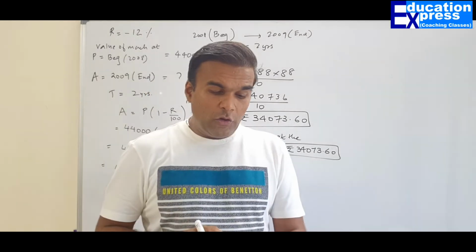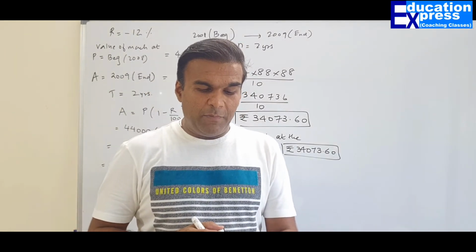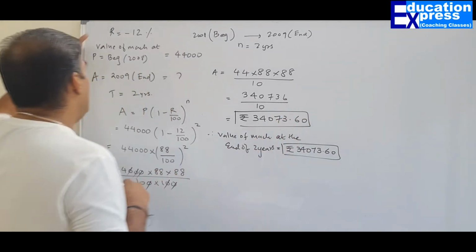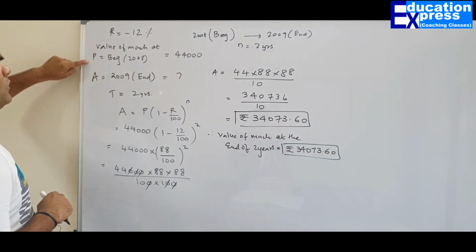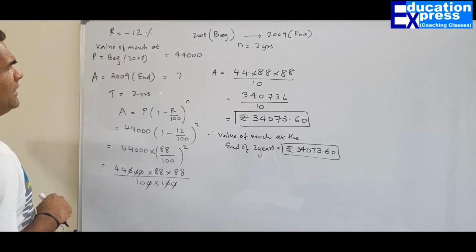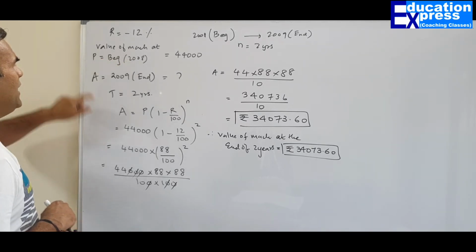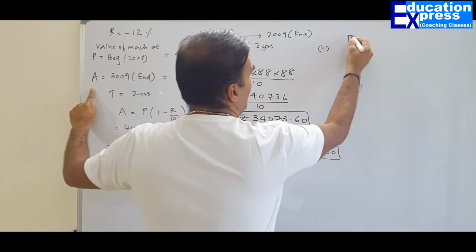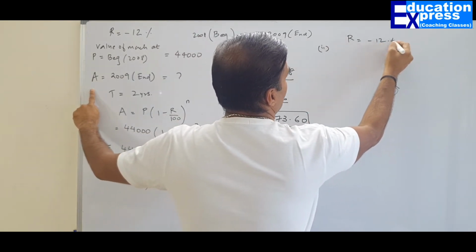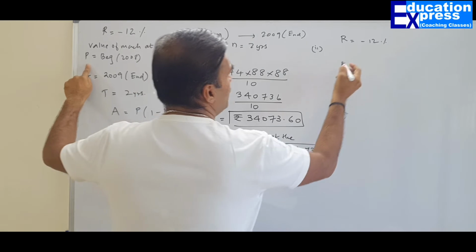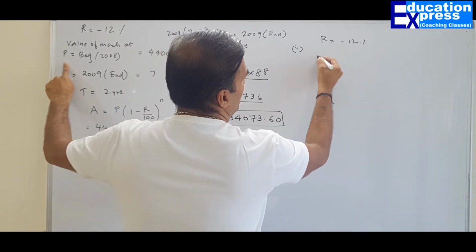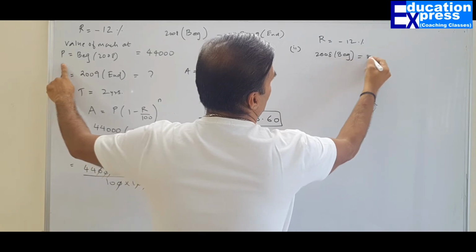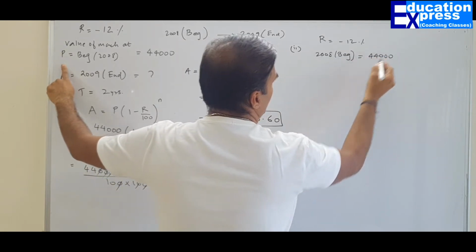They say also find the value of the machine at the beginning of 2007. So we have the rate, we have the value at the beginning of 2008. The second part says something like this. Rate, 12%. Value at the beginning of 2008 is given to us, 44,000.